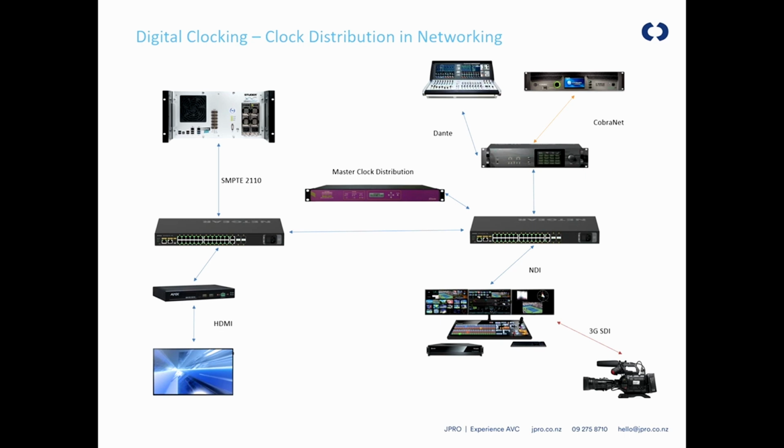Now, moving forward, we've moved into this AV over IP world where we have lots of products that are relying on an Ethernet connection or a switch or a network connection. And what's changed is you have a master clock device, which still remains. Something has to be the beating heart of the entire system. And it's using Ethernet cables and various protocols to transfer that clock system for you.